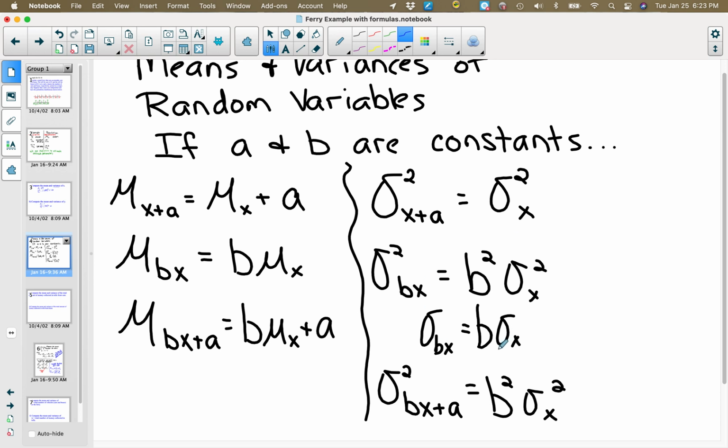And then notice this last one, sigma squared of bx plus a equals b squared sigma squared of x. But notice the a is not there. It's the same reason it wasn't up here. So I'm going to show you some examples, and you'll see, hopefully, what I mean with those formulas. You'll want to keep those formulas handy so you can look back at them.